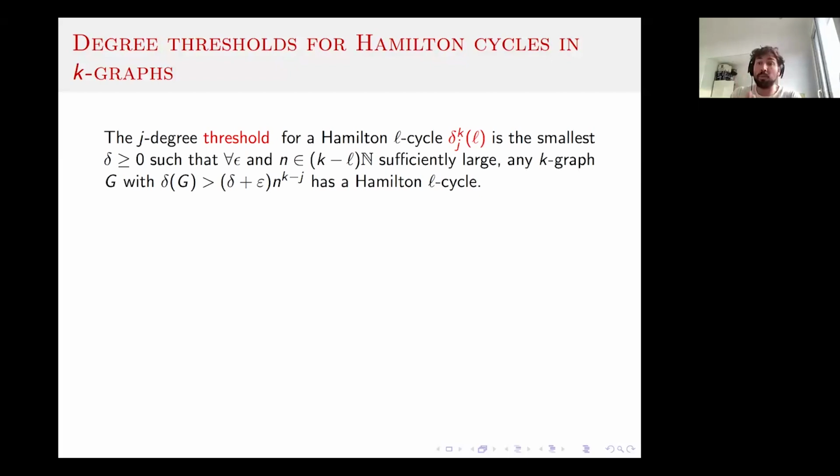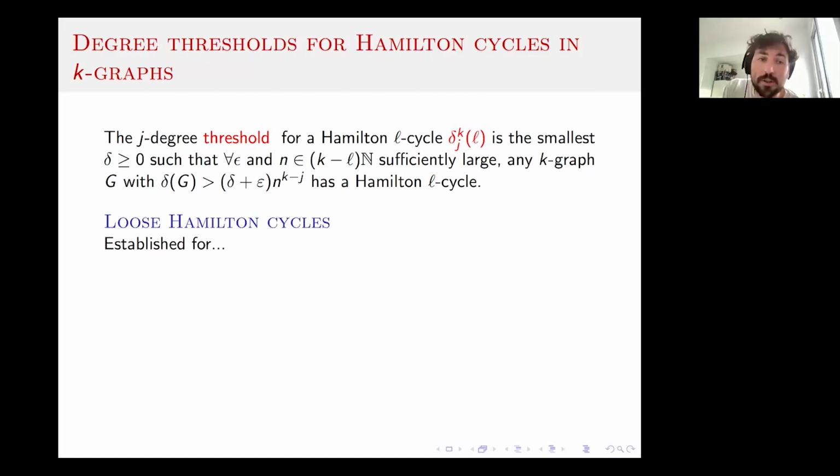This is the optimum degree threshold, and you have all your parameters here. The k controls the uniformity of the graph, j is the j-degree that you're looking at, and L is the looseness of your Hamilton cycle. So L = 1 is loose, L = k-1 is tight. Today we're going to be particularly interested in loose Hamilton cycles.